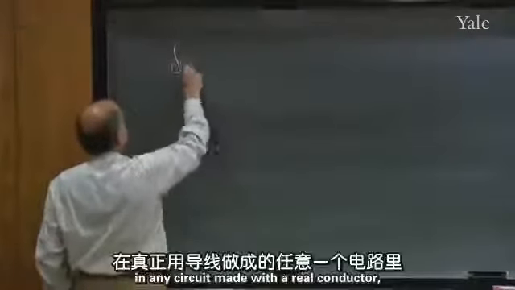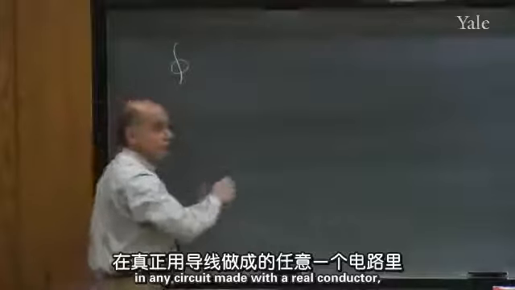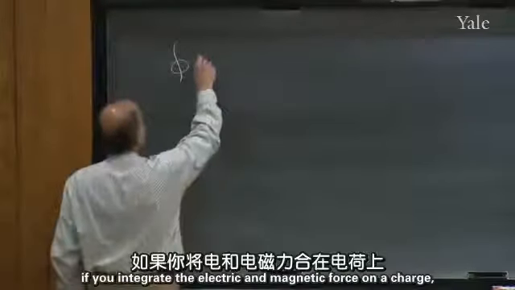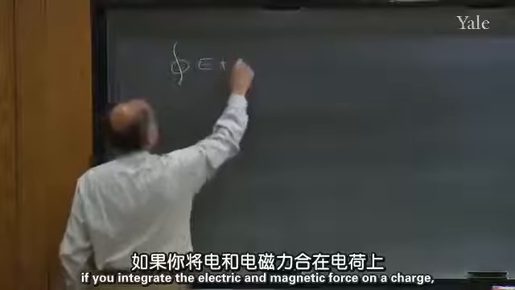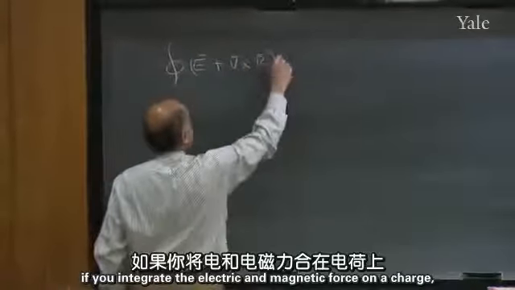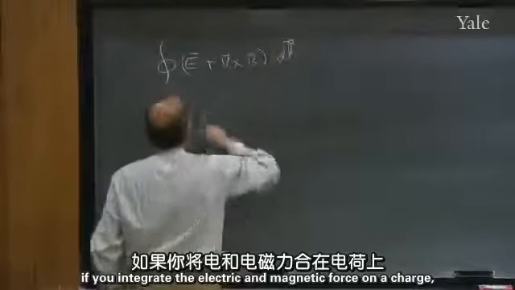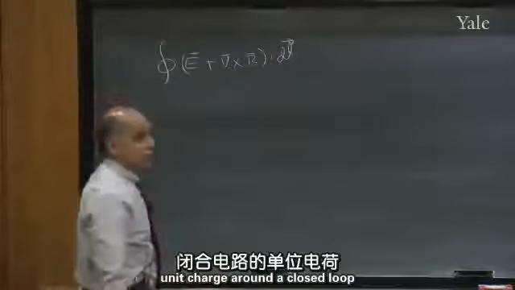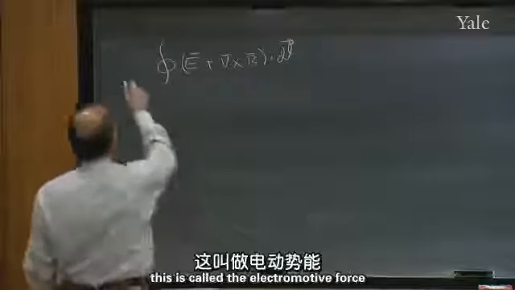In any circuit made of a real conductor, if you integrate the electric and magnetic force on a unit charge around a closed loop, this is called the electromotive force.